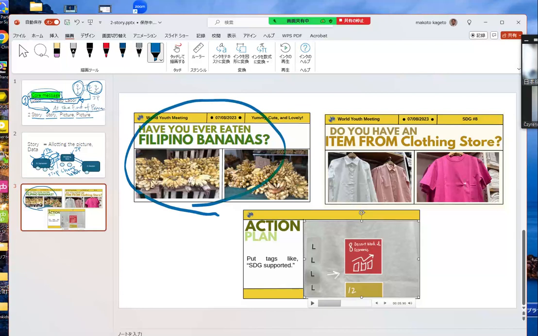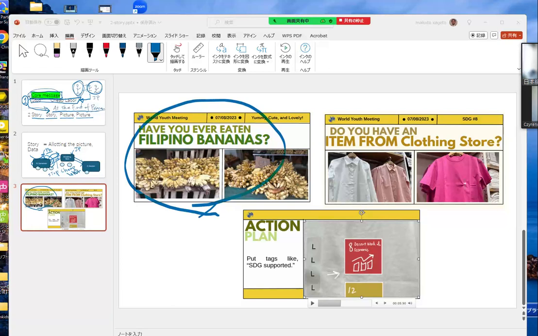Here we want to talk about how many bananas there are in the Philippines, and even though there are a lot, and even though they are really delicious, we wanted to point out that the farmers don't get enough because of cheap labor. The first you start with a Filipino case, banana.